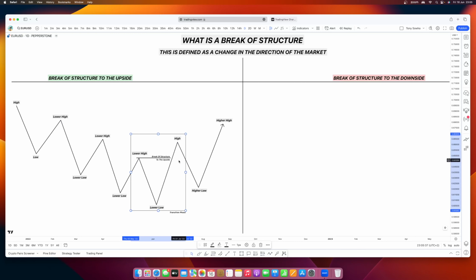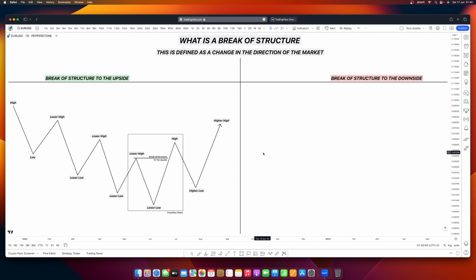Now we're going to be talking about break of structure to the downside. All right, so a break of structure to the upside means price was previously selling and now price is buying all the way to the upside.